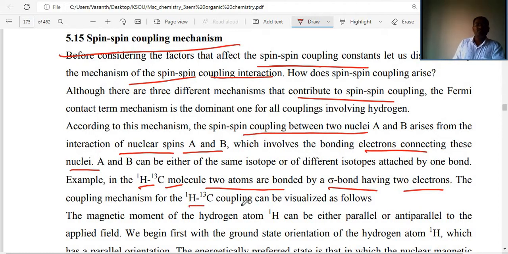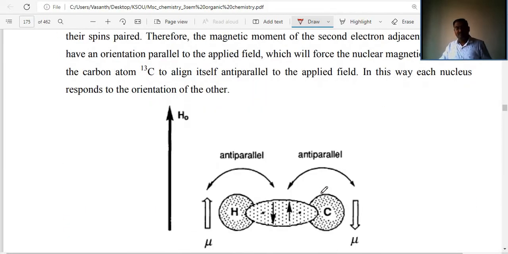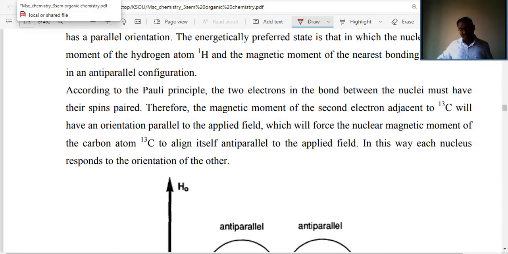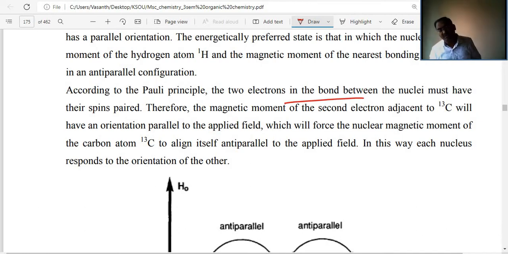The proton-carbon coupling mechanism can be visualized as follows. According to Pauli's principle, the two electrons in the bond between the nuclei must have their spins paired.